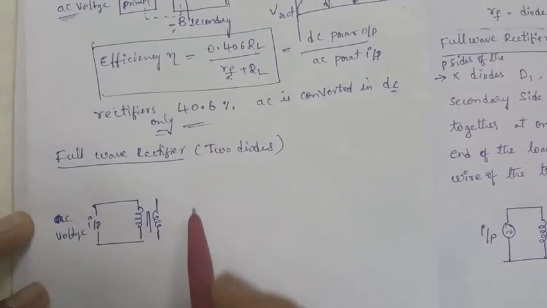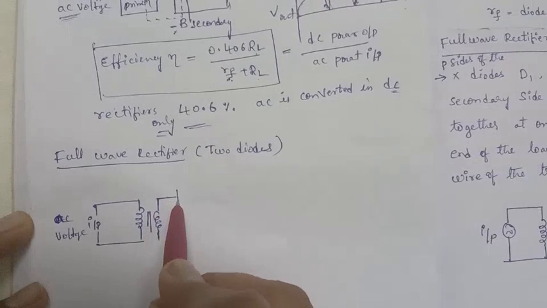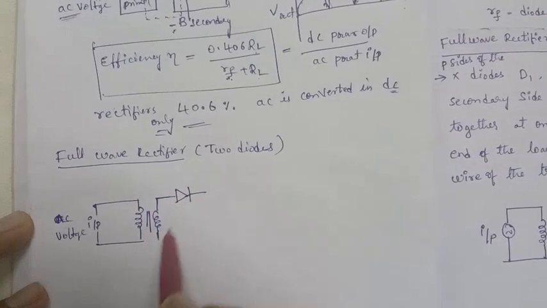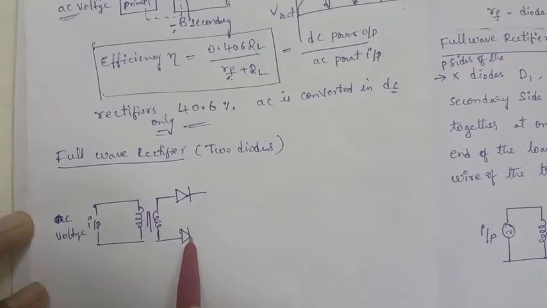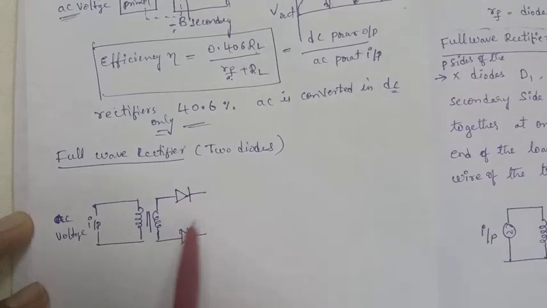So here it is the diode D1 and it is the diode D2. So in which way are we connecting here?